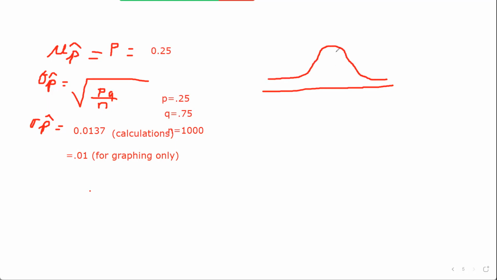Here's your bell curve. Here's the middle of the bell curve. Here's 3 standard deviations on each side. This should be looking very familiar to you. Here it is. What goes in the middle?